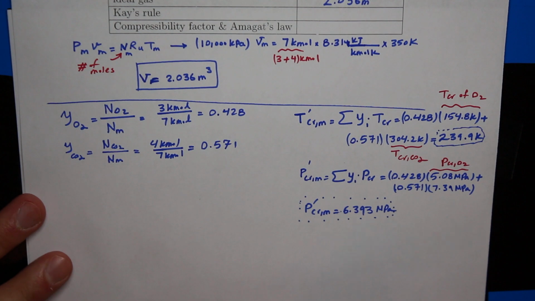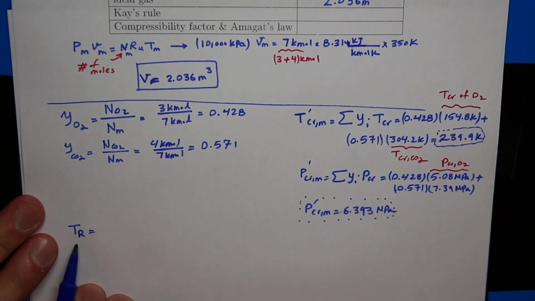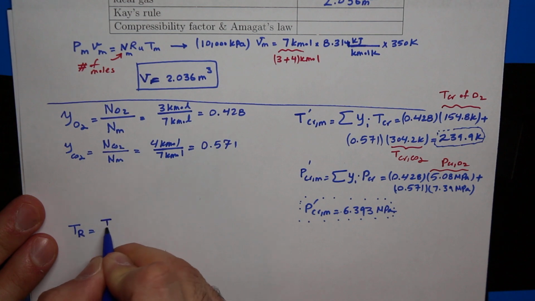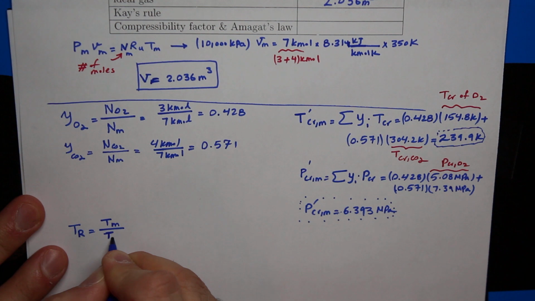So let's say I'm looking for TR, the reduced temperature, which is the temperature of the mixture divided by the critical temperature of the mixture.